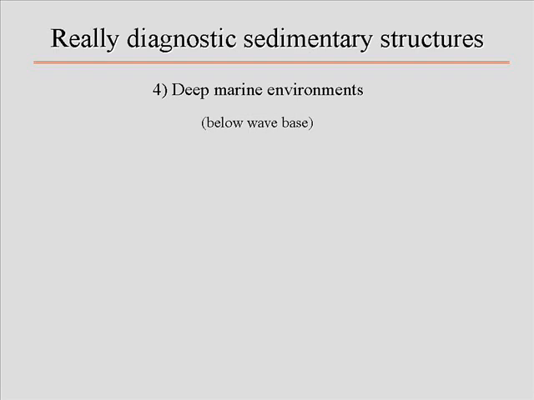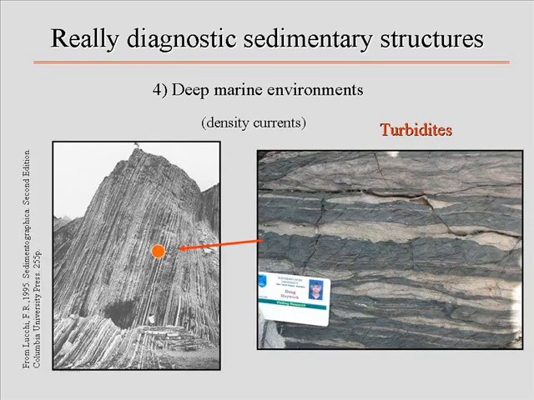Net result is you get a series of beds which have sand and mud in them. The characteristic thing that makes these unique is that they are fining upward cycles. So when you see turbidites, you know you're in a deep water environment of some sort.